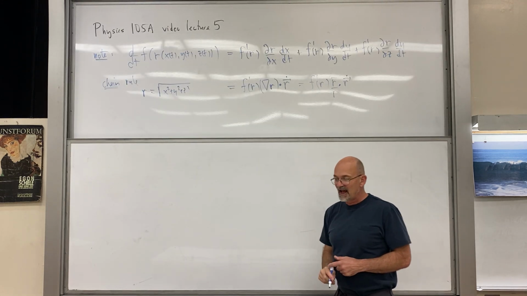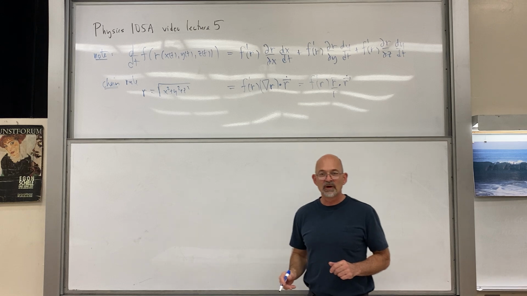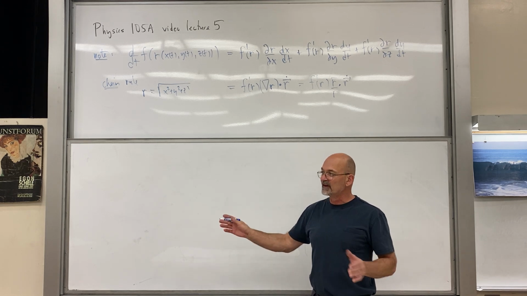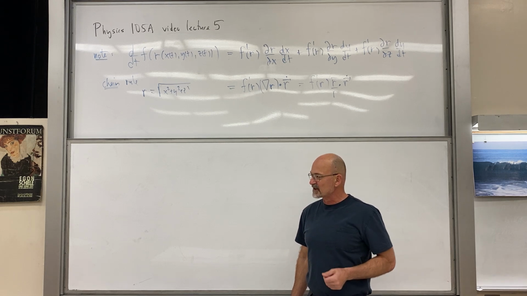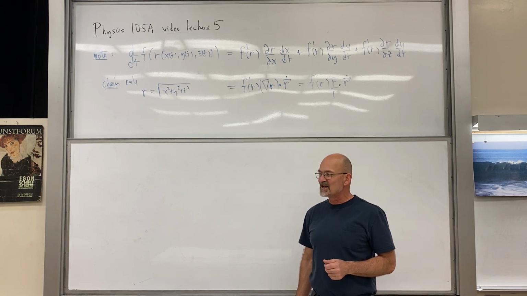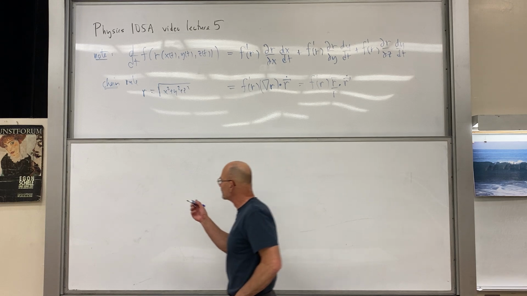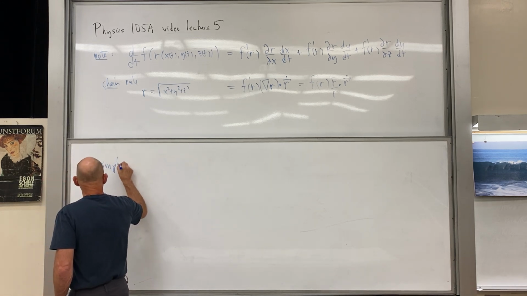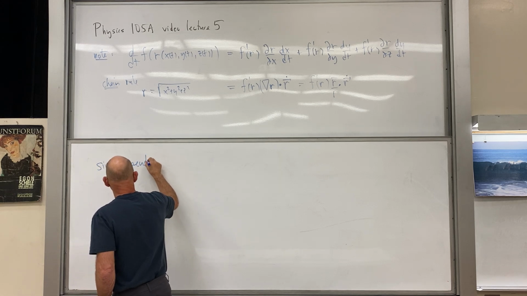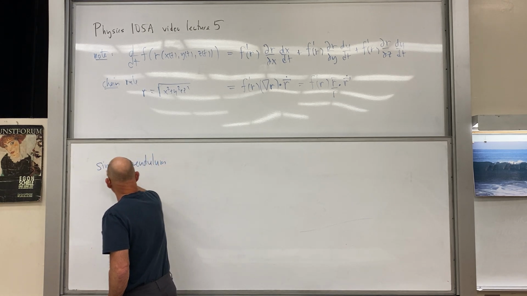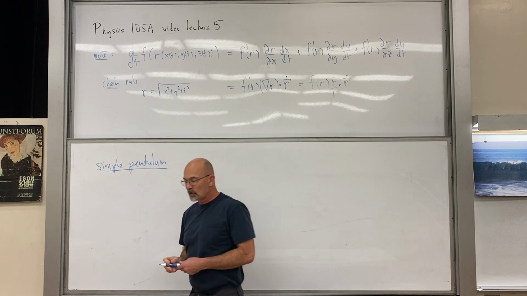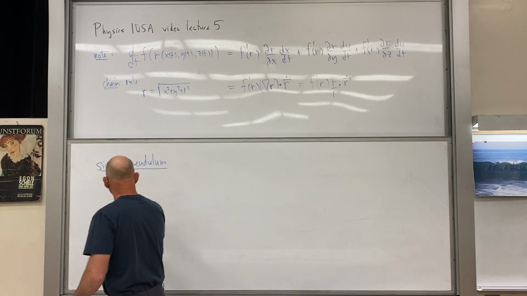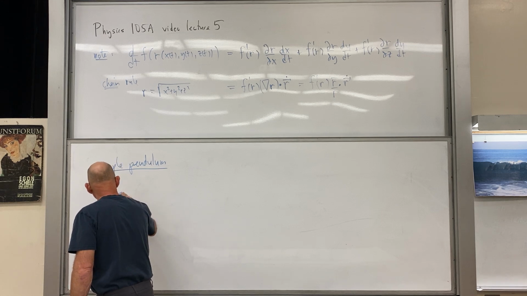Next, I want to do an application of the coordinate systems that we've introduced, and the velocities and accelerations, and I want to do just the simple pendulum. So we'll start with its free body diagram, something you have seen, I'm sure.